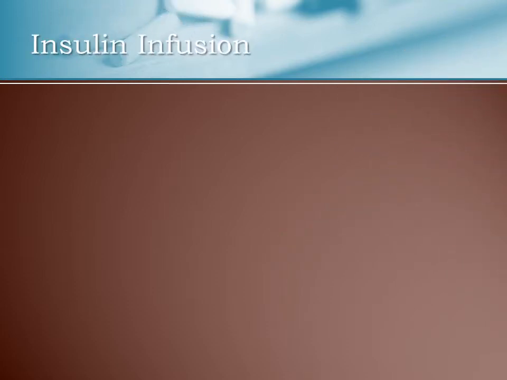Okay, so let's talk about some insulin infusion. The amount of insulin that an individual with diabetes needs depends on numerous factors. Most types of insulins come in a concentration of 100 units per milliliter. This is located on the insulin package labeled as U-100.